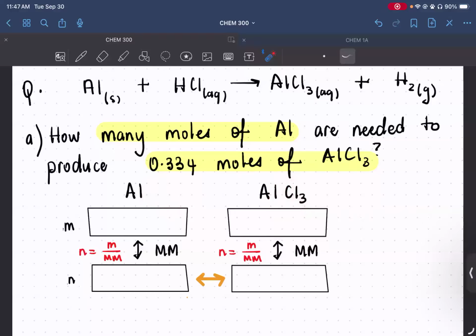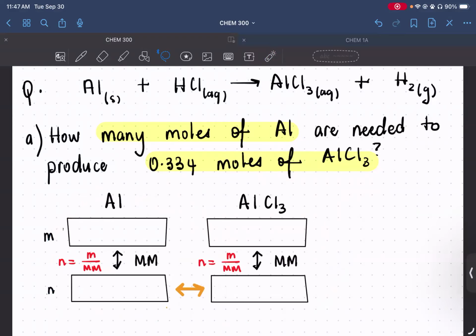It wouldn't matter. The choice is yours. They're just meant to represent generic chemicals. We know that our roadmap is ultimately between aluminum and aluminum chloride. Based on the wording of the question, it asks how many moles of aluminum. We know that moles is n, so what the question is asking for is this box right here. We visually indicate it with some question marks.